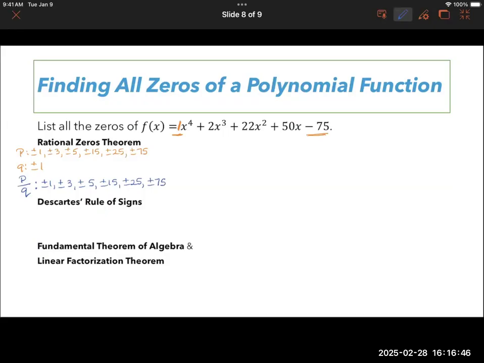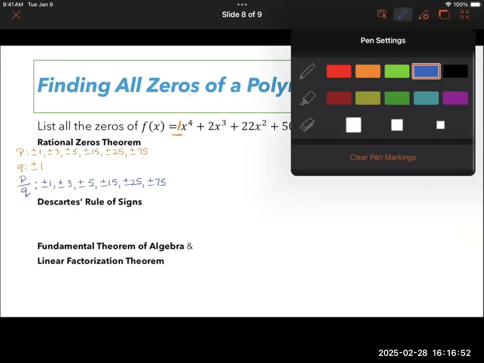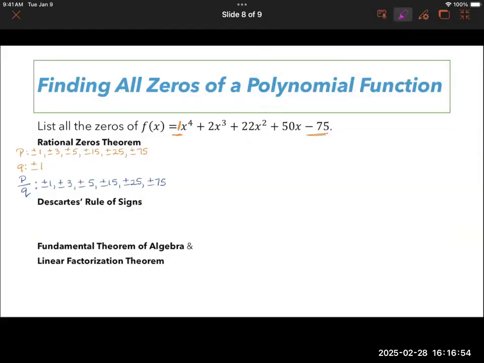Okay, then we're going to use Descartes' Rule of Signs. So I'm first going to look at the f of x, and I'm going to see we go positive for x to the fourth.